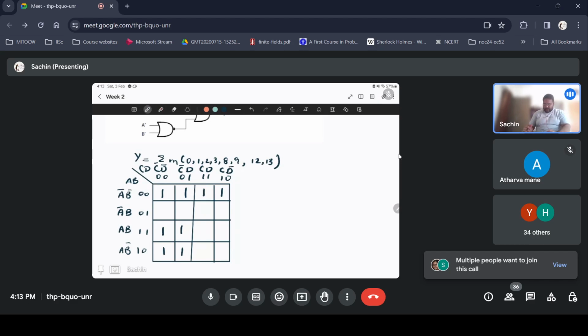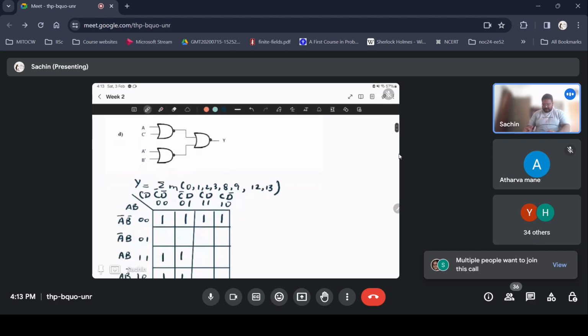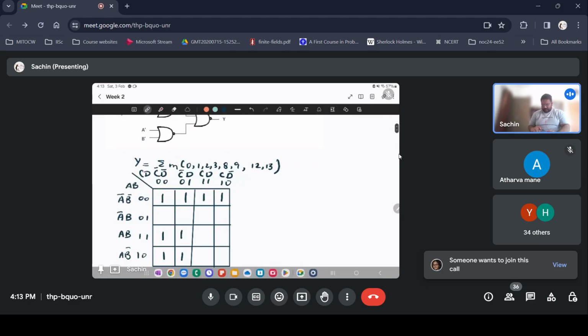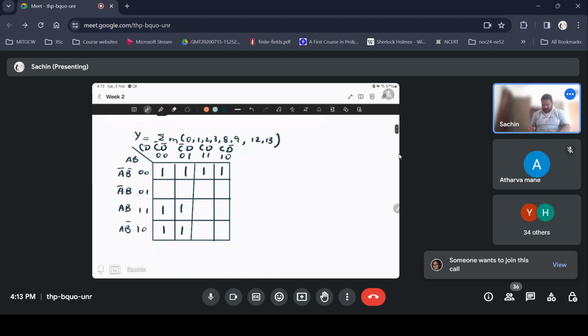Okay, so we have to form the largest group possible, which is a power of 2, so that all the ones are covered, and we can form one group like this.